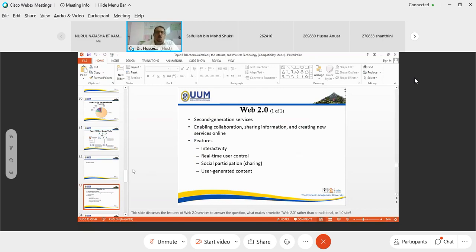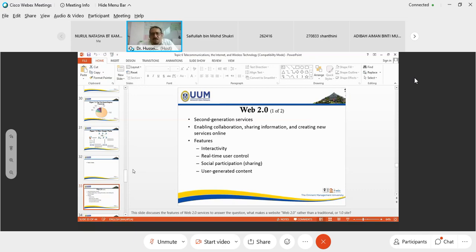Web 2.0, what is Web 2.0? This is a kind of new generation service that enables collaboration. For example, online learning can help collaboration better than before because we can share a lot of information there. We can do a lot of things on the website.